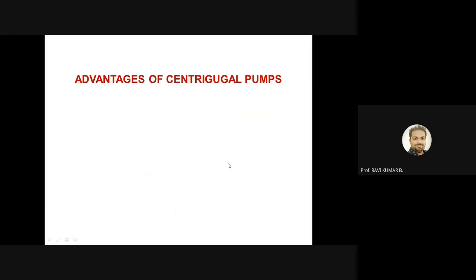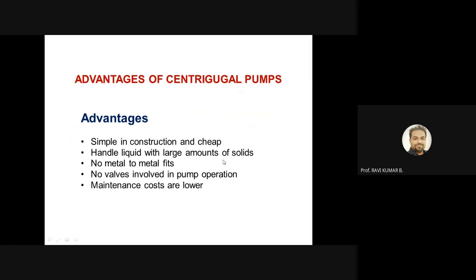So what are the advantages of the centrifugal pump? These are certain examples. One is that it is simple in construction and very cheap. It can handle liquid with a large amount of solids. No metal-to-metal fits are involved. No valves are required in the pump operation. Maintenance costs are lower compared to other types of pumps. If it is a reciprocating pump, lubrication is also required.